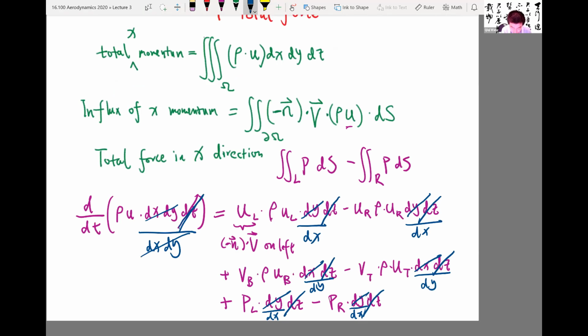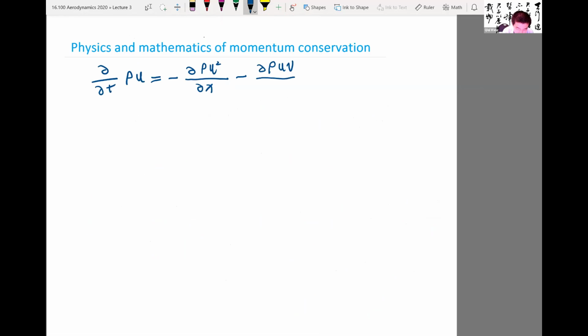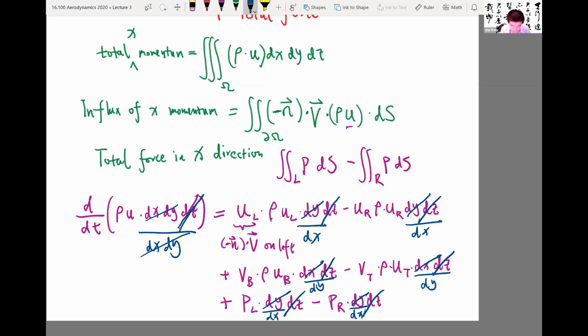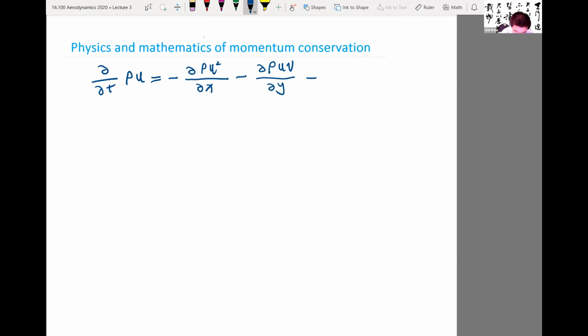We have a v term and a u term that's multiplied together, divided by dy. Finally, the pressure force, again, it's a negative of dp dx. So that is the differential form of momentum conservation in x direction.